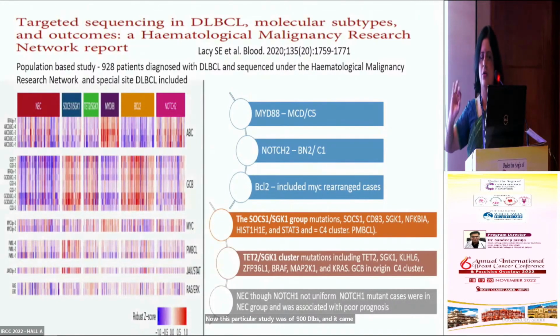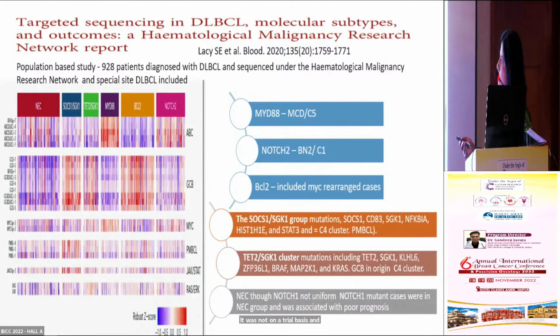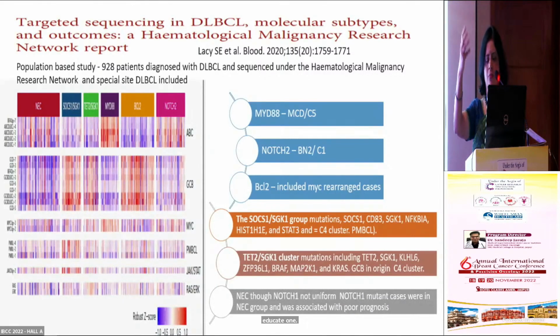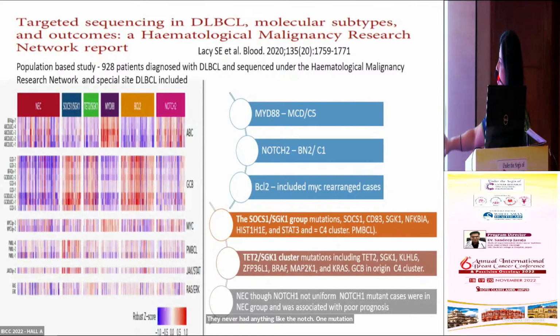It was not on a trial basis. And interestingly, two new groups popped up. One was the one with SOCS1 SGK1 and TET2 SGK1. They never had anything like the NOTCH1 mutation group, which was there in the previous groups, but they found that a lot of the unclassified cases had NOTCH1 mutations. So essentially, the 5 subtypes remain the same, but SOCS1 SGK1 and TET2 SGK1 became a new group.